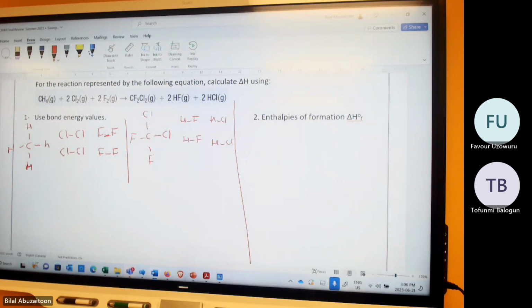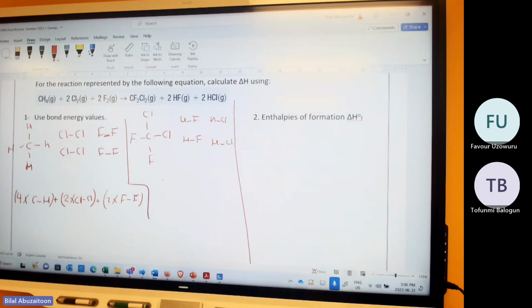Now, 4 times C single bond H, 2 times Cl-Cl, plus 2 times F-F.